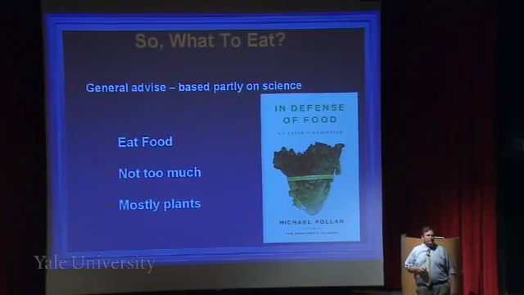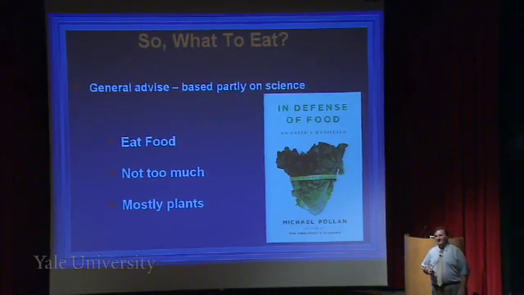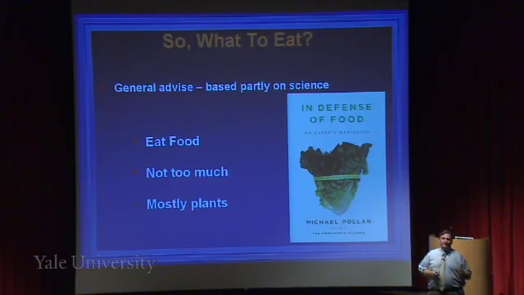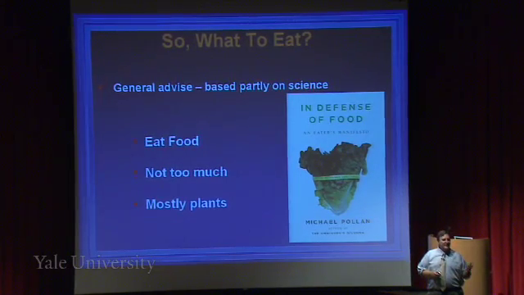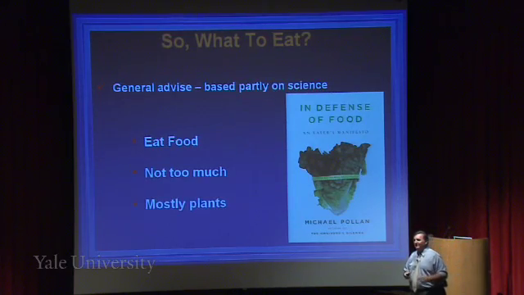The not too much, of course, has to do with intake of certain nutrients, particularly calories, and then eating mostly plants tends to be a pretty good idea. So this is a broad, philosophical, partly scientific view of what people might eat, and it's not a bad set of rules to follow. If the population could do more of this, they'd be better off.